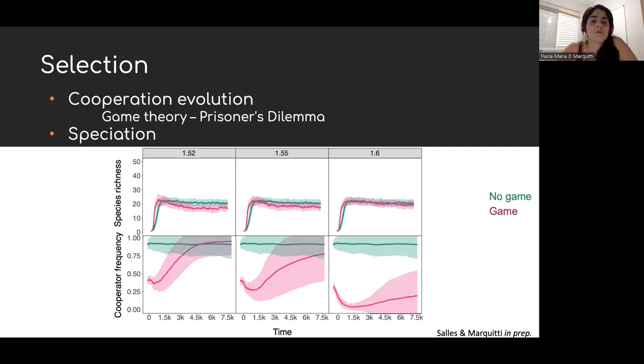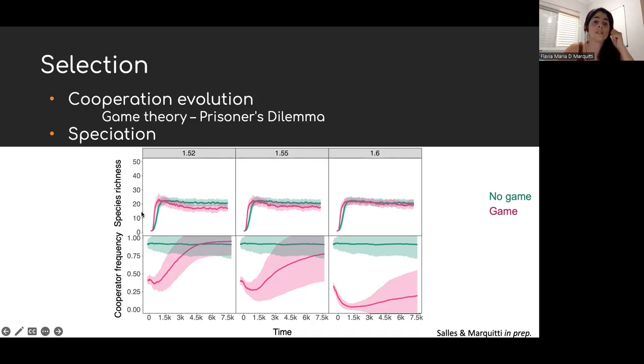And something that we observed that was really cool, we still have basically the same results. There are some changes on the cooperation frequency, on the number of cooperators that we form, and it depends on the value of B that we have in our payoff matrix.